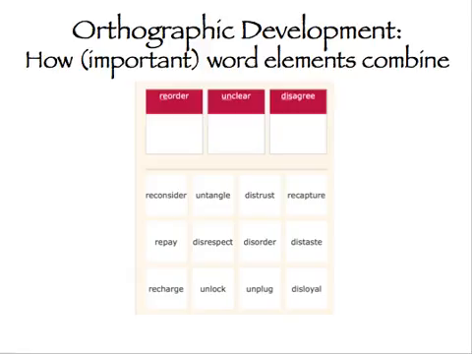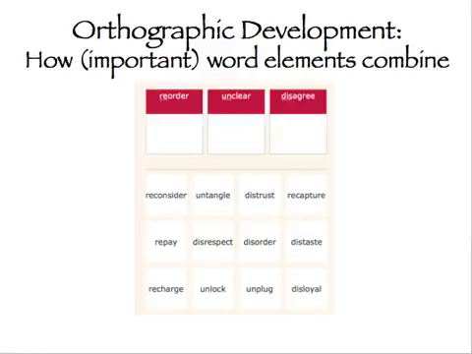One way to support that are these kinds of word sorts. So how important word elements combine, you can do sorts. Reconsider, repay, recharge, unlock, unplug, disloyal.